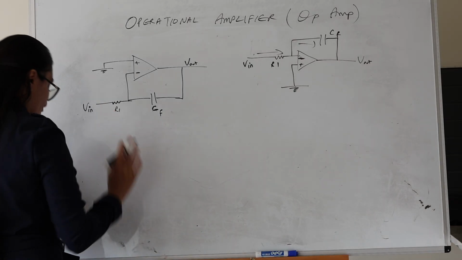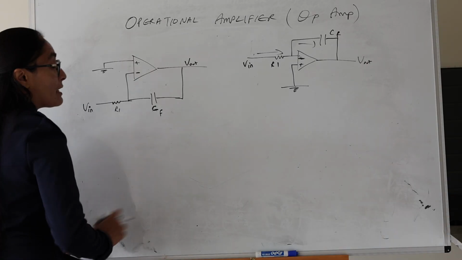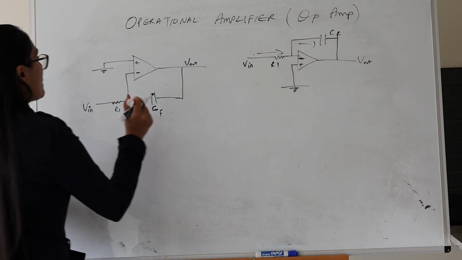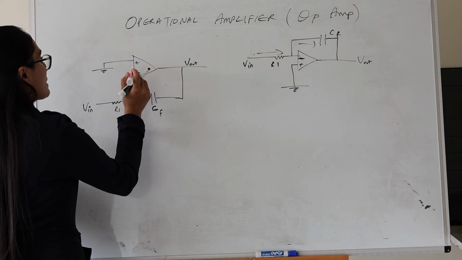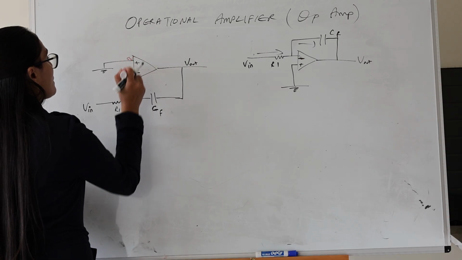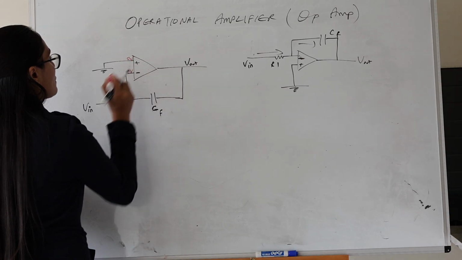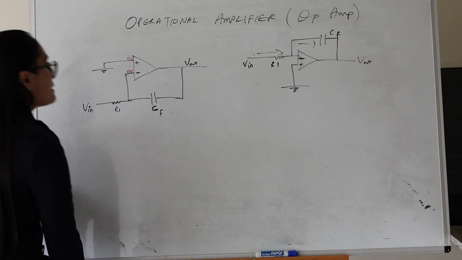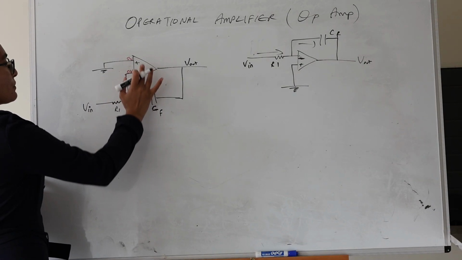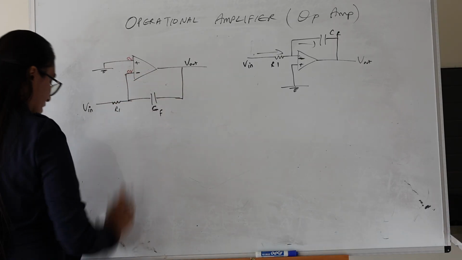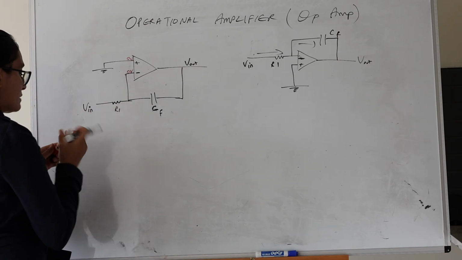So here, from the rules for an ideal op-amp, we know that the voltage here is the same as the voltage here. Since this is connected to ground, this is 0 volt. The voltage here is also 0 volt. That's what we know. Next, since no current flows into the op-amp, whatever current is flowing here, the same current is flowing through the resistor.